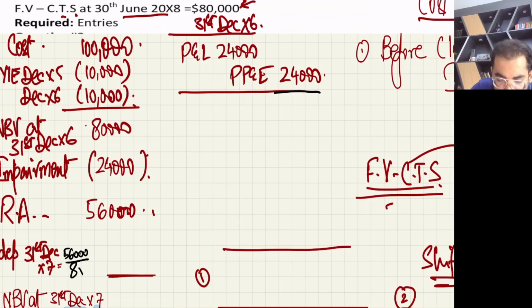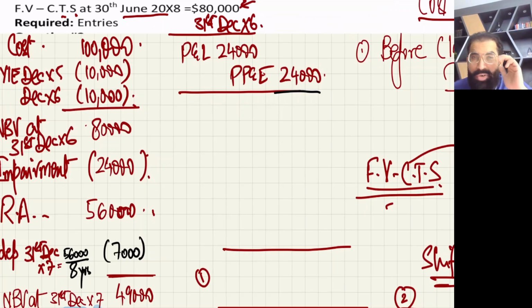The original life was 10 years and 2 years have passed, so 8 years are left. So 56,000 divided by 8 is 7,000, the depreciation for next year. So 56 minus 7 is 49. NBV at 31st December X7 is 49.